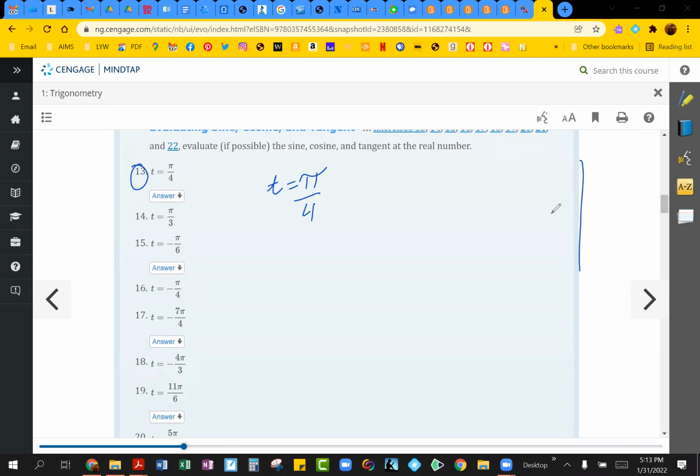So where is this pi over 4 going to fall? Actually, I just realized that this is a 45-degree angle because this is going to be halfway between the 0 and quadrant 1.